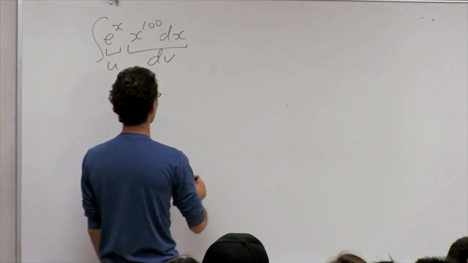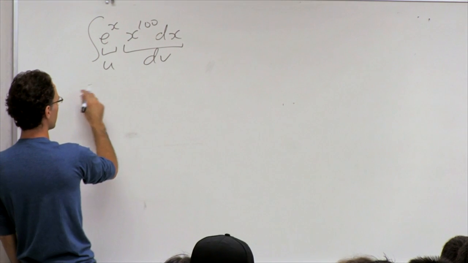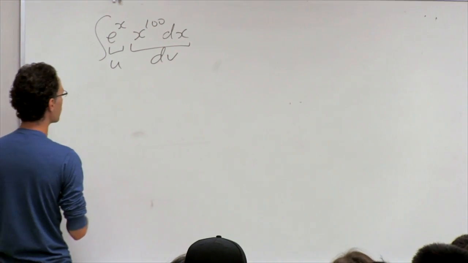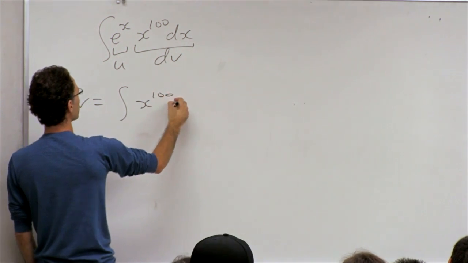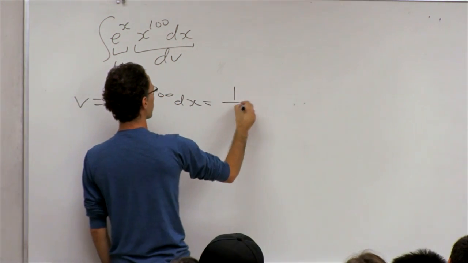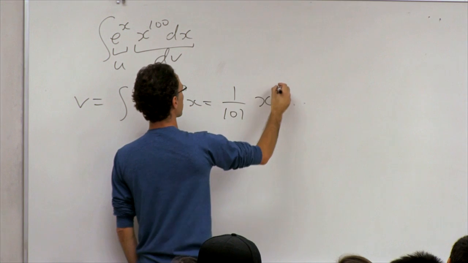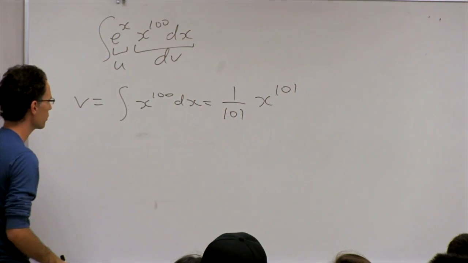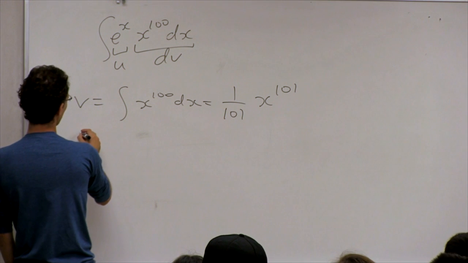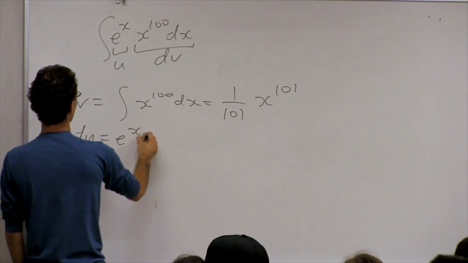Yeah, exactly. So if you do this choice of integration by parts, then v would be the integral of x to the 100 dx, which is 1 over 101 x to the 101 plus some constant, but let's let that constant be 0. And du is e to the x dx.